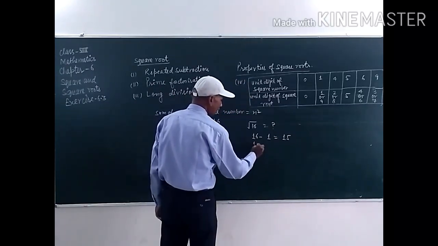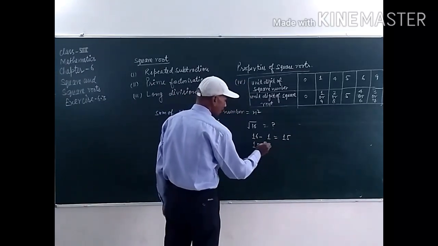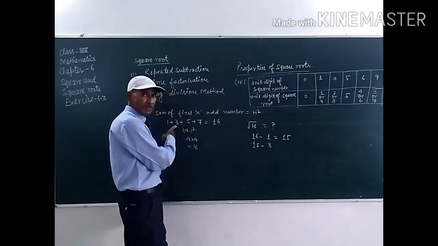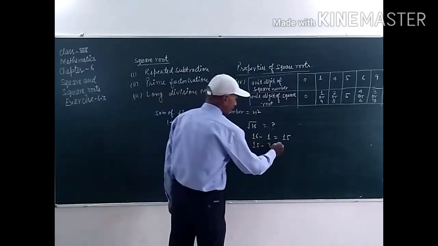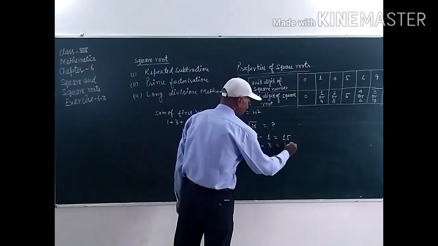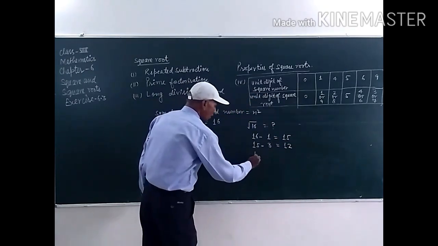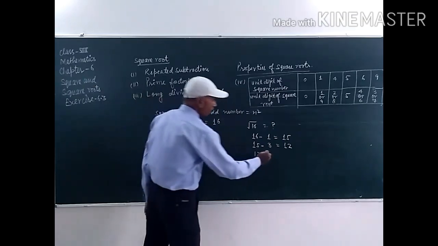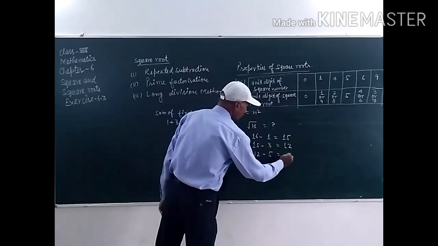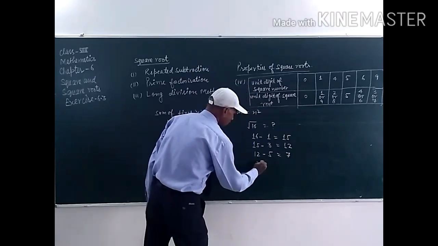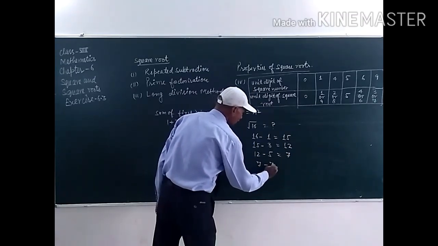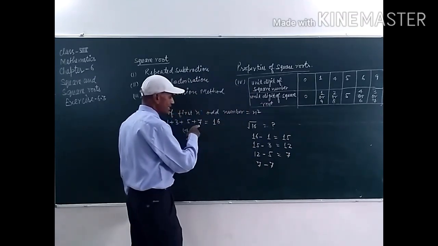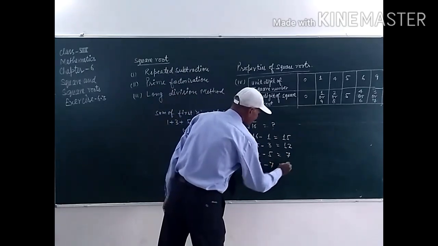Now, 15 minus 3, the second number, is 12. Now, 12 minus the third number, that is 5, gives 7. Now 7 minus the fourth number, that is 7, is equal to 0.